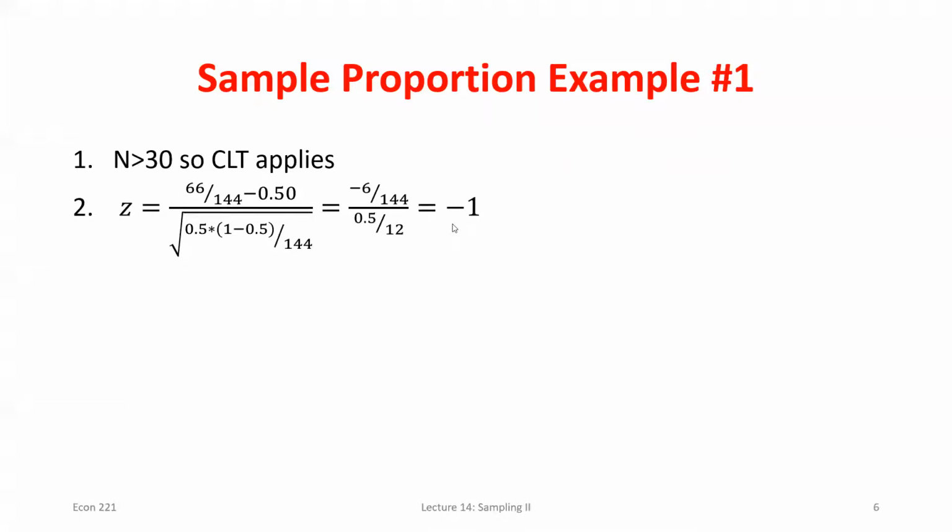I actually end up with -1. So if my z-score is -1, the next step is I need to go to my standard normal table, and it will tell me the area to the left of that. Or, said differently, the probability that I see a proportion of coin flips that is approximately 46% or less.